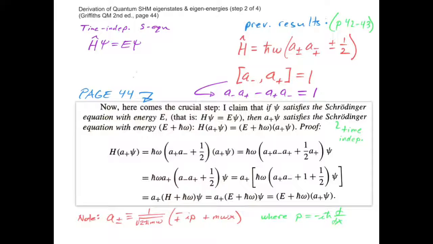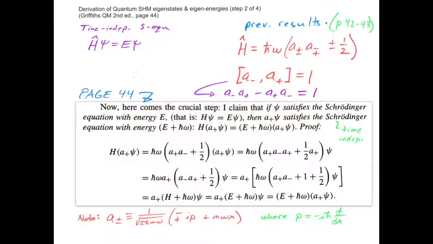So this equation has this form. That is, I've got the same function here and here. I've got the Hamiltonian operator, and I've got a value. So this function, constructed by operating on the original function with the a plus operator, is in fact an eigenfunction of the Hamiltonian operator, and it has this corresponding eigenvalue.